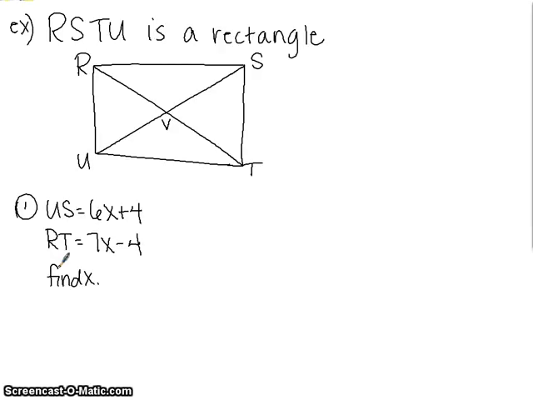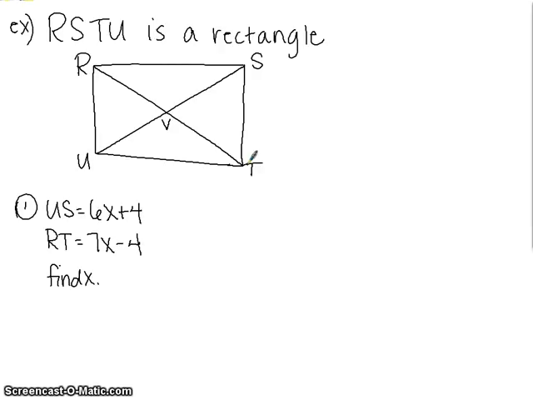I'm going to do another problem using the same picture, so I'm not going to mark it up too much. If you look at what these segments are, US and RT are both diagonals. According to that additional property on the previous slide, the 2 diagonals are congruent to one another.